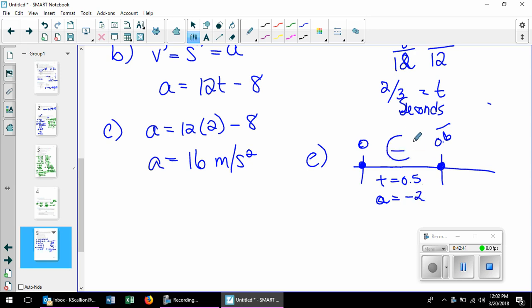So this is my negative section. What value am I going to pick when t is greater than 0.6 repeating? Perfect, t equals 1. Acceleration is going to be what? 4. Brilliant. So this is my positive section.